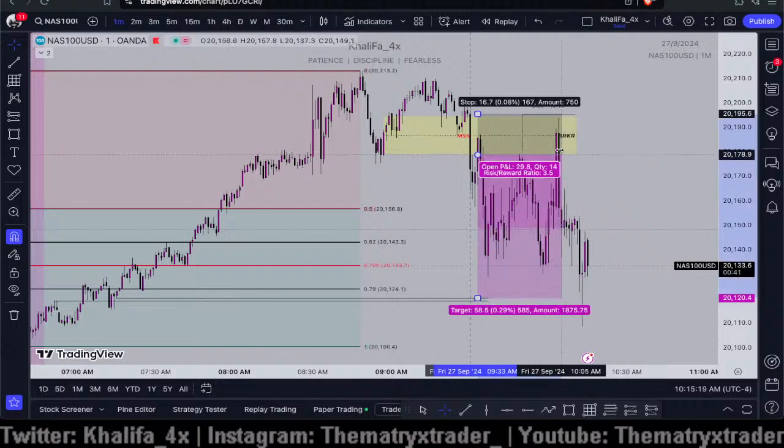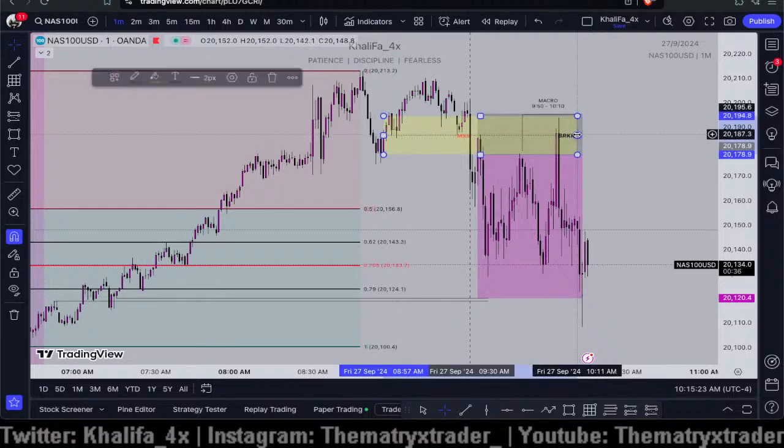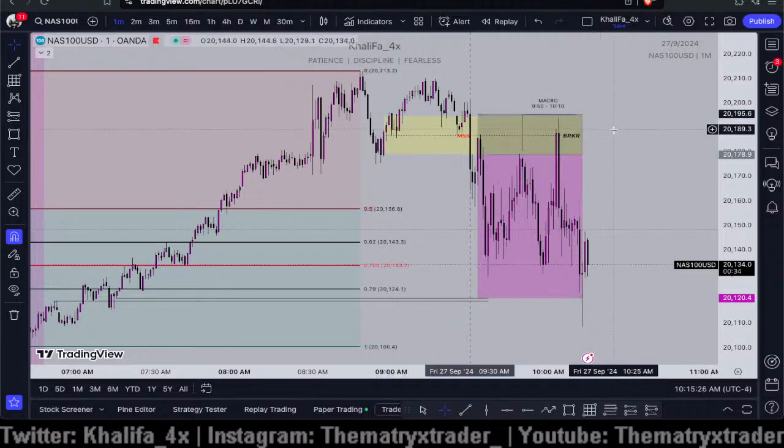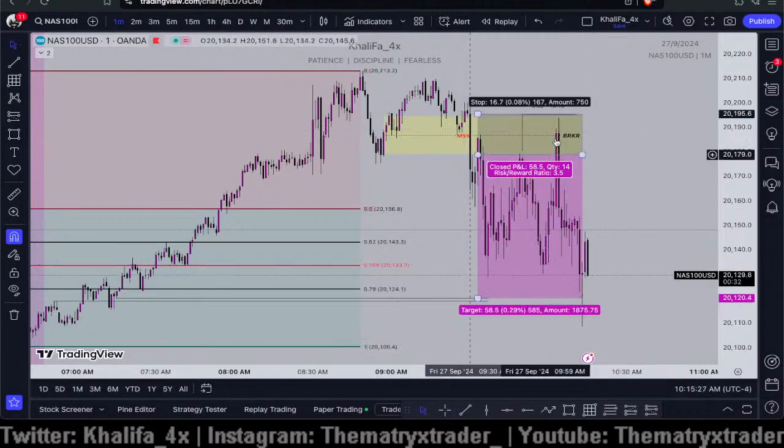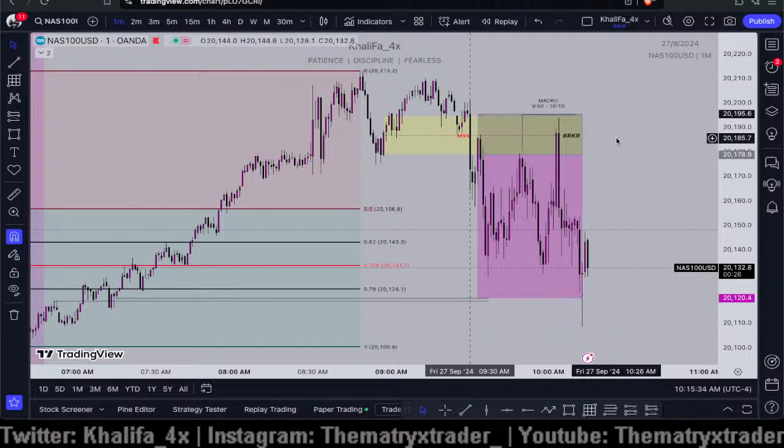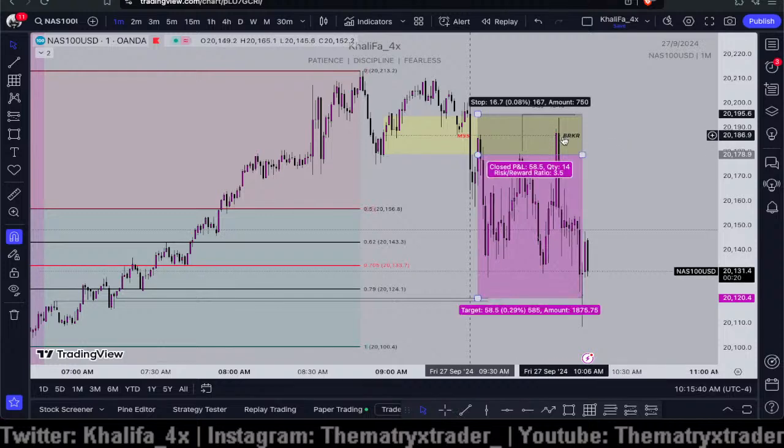Now why? It doesn't mean it gives us three entries. I gave you the entry way too early. Because I told you, macros give us the entry within the breaker, fair value gap, or you can say inversion. So this is what it's doing.